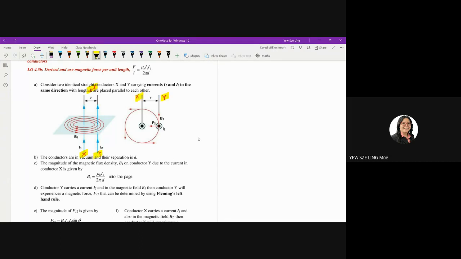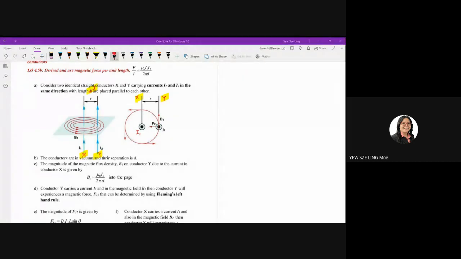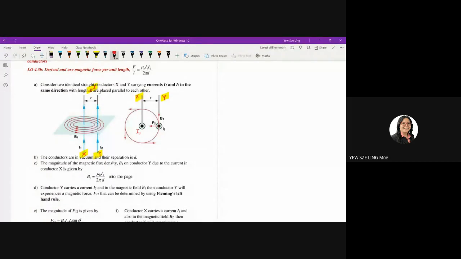You have X and you have Y. So you need to label the diagram. This one is I1. I1 pun tercicil, ada I2 sahaja. Alright, kamu buat sedikit pembetulan dalam gambar yang diberi ini. So ada beberapa correction di muka surat ini. So pay attention ya. When we go through it, I will tell you where is the mistake.